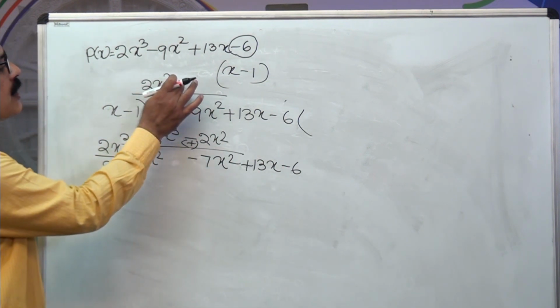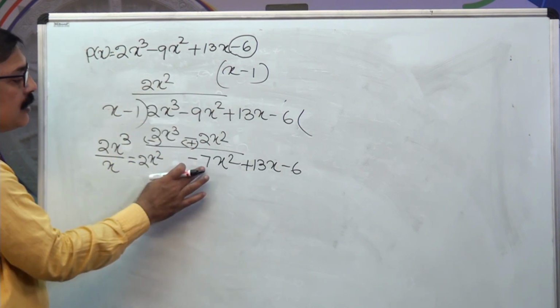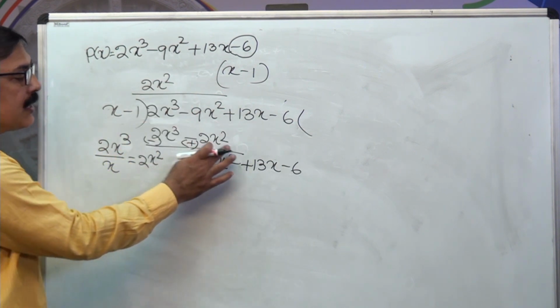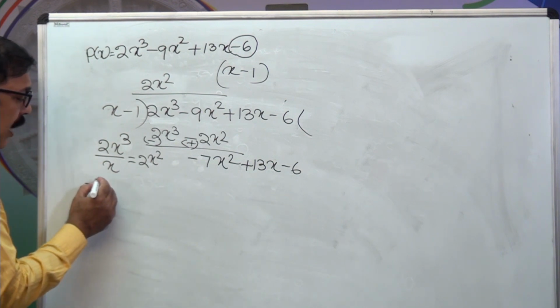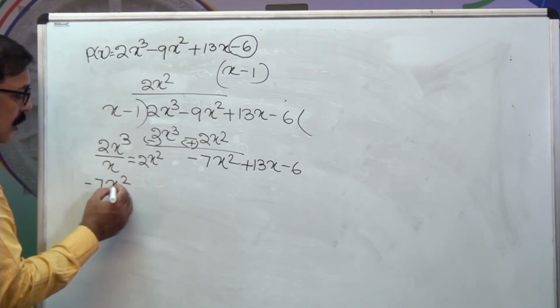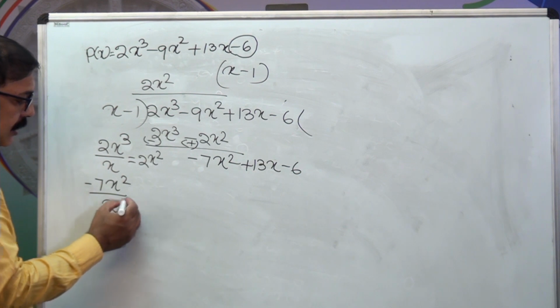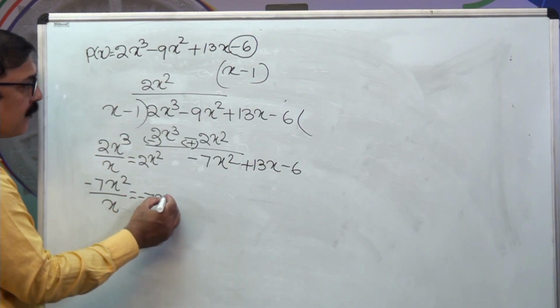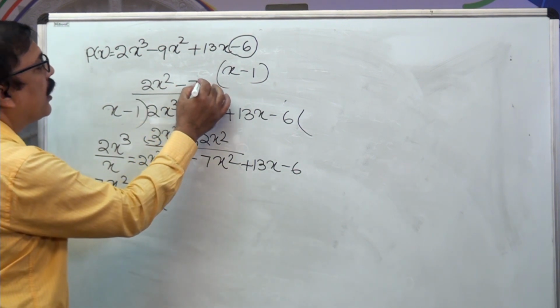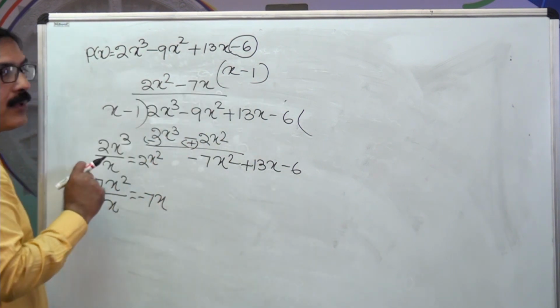So to get the second term of the quotient, we have to divide the first term of this dividend, that is minus 7x square, with x. That gives minus 7x. So minus 7x is the second term of the quotient.